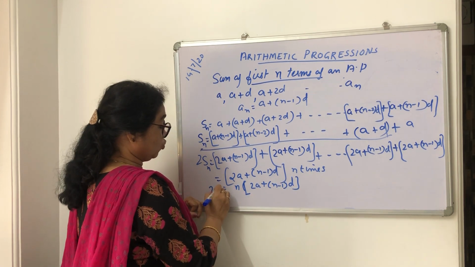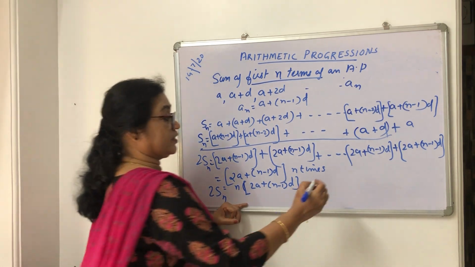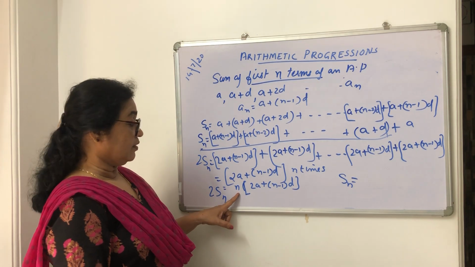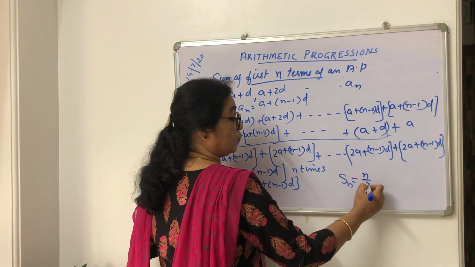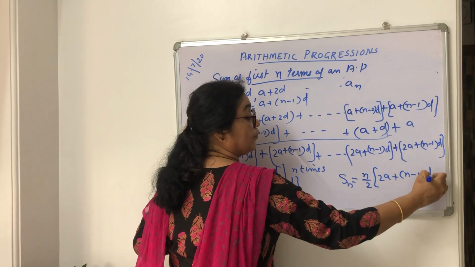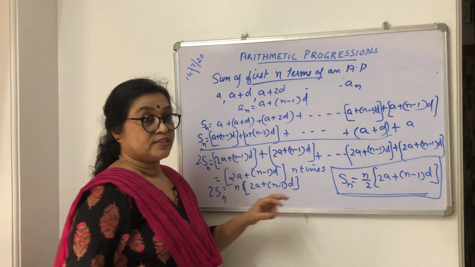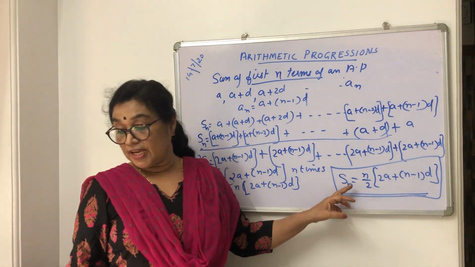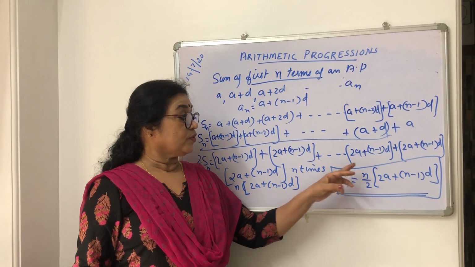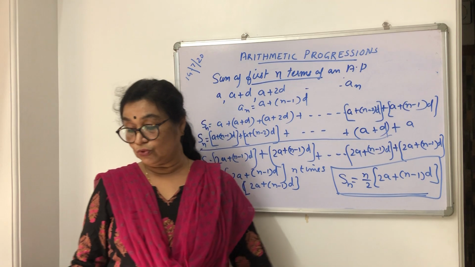This is our 2Sn. So what is our Sn? This 2 will come here: Sn is n by 2 into (2a plus n minus 1 into d). So this is the formula for the sum of the first n terms of any AP: Sn equal to n by 2 into (2a plus n minus 1 into d).